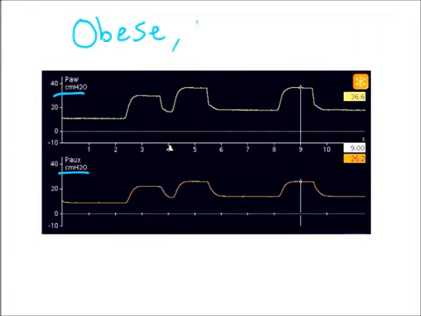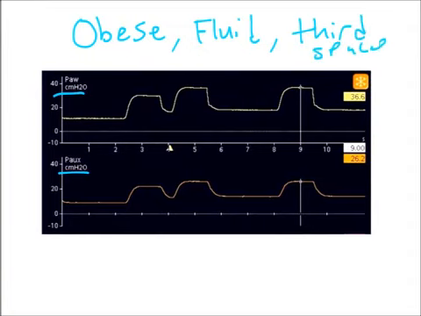They're fluid overloaded, and there's a lot of third spacing. Another example would be a burn patient, and they are so full of fluid that they don't have much chest wall movement at all. And their extrathoracic pressure, as in their chest wall, does not actually reflect their alveolar pressure.